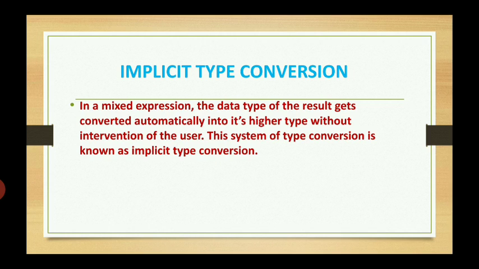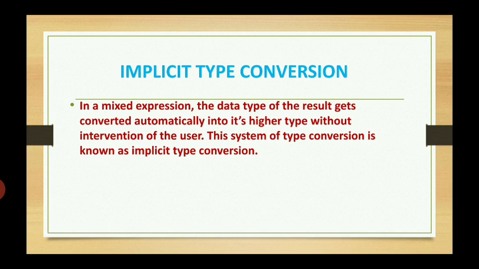That means this will generally happen. I told you type conversion generally happens in mixed expressions. It takes place only in mixed expressions, not in pure expressions. So when there are different data types, one integer, one float, and one double, the compiler automatically converts them into a single type of higher hierarchical order.